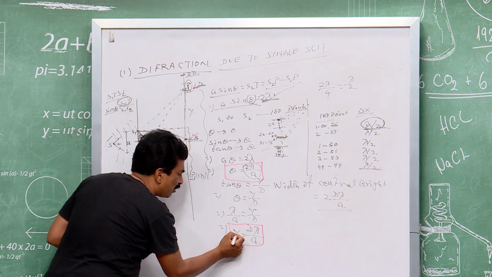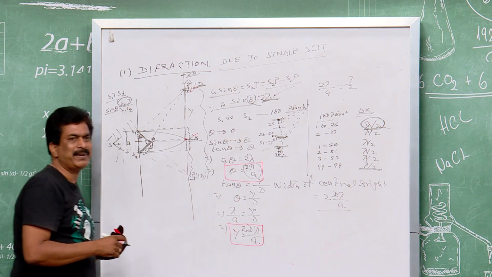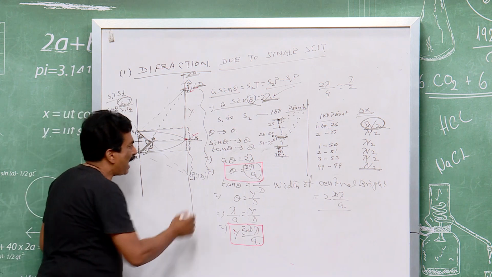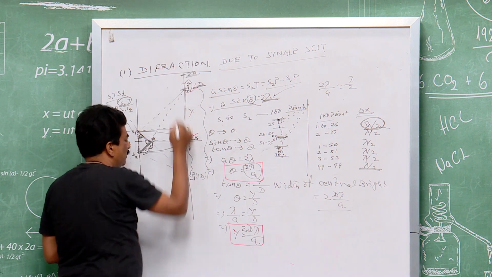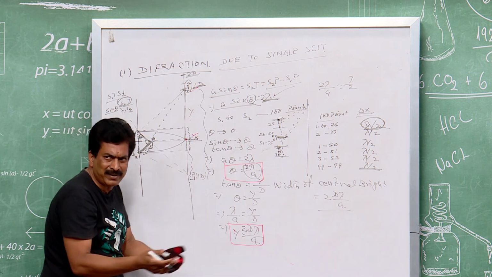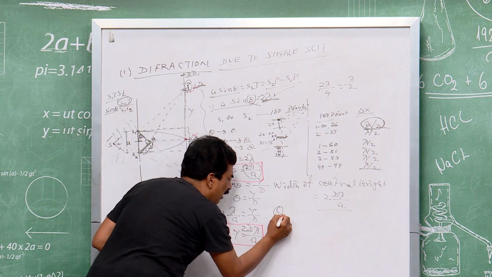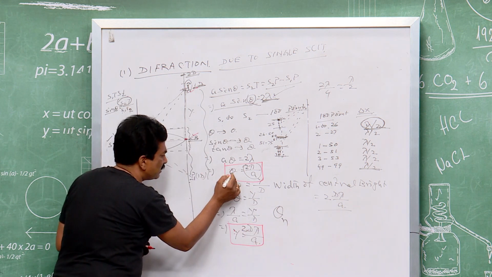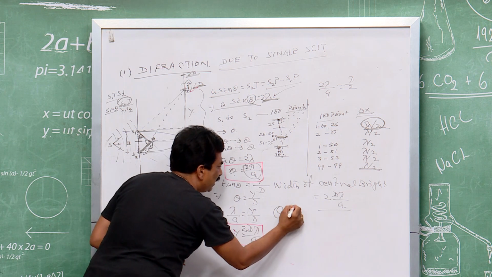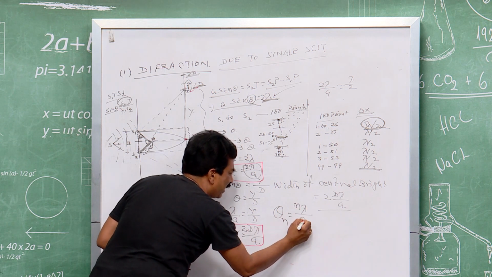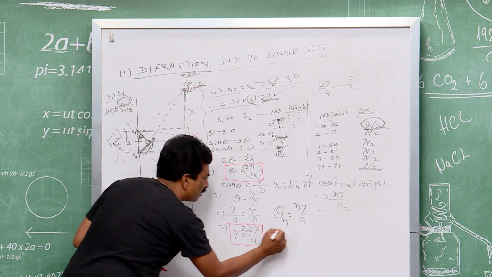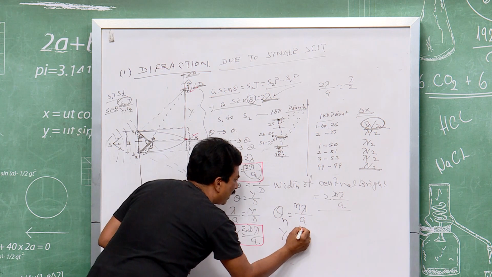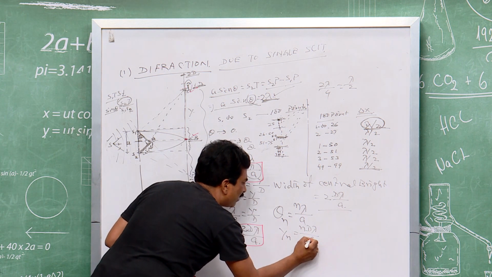Similarly, for y, that is equal to 2 capital D lambda by a, and this is the second, third, fourth, fifth. If it continues for the nth one, theta of nth is equal to n lambda by a, and y of nth one is n capital D lambda by a.